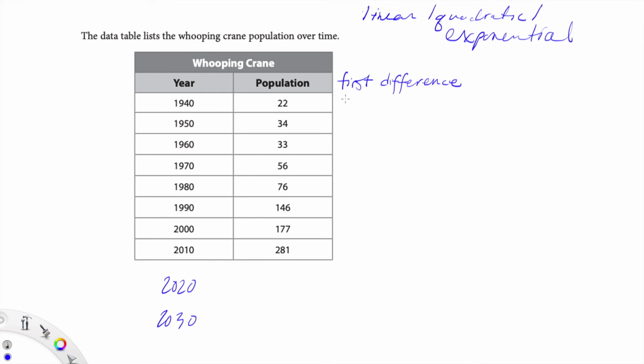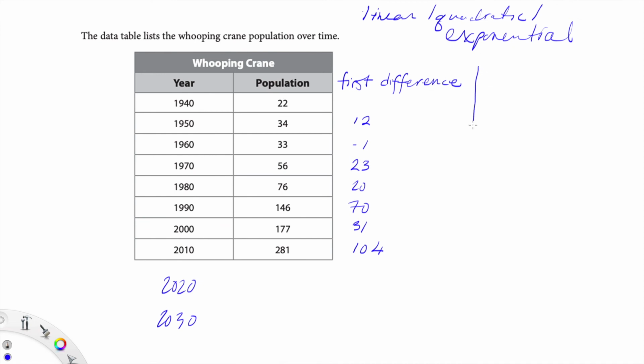So let's get the first differences. Here this is 12, this is -1, this is 23, this is 20, and then it starts going up, so this is 70, and then this is 104.